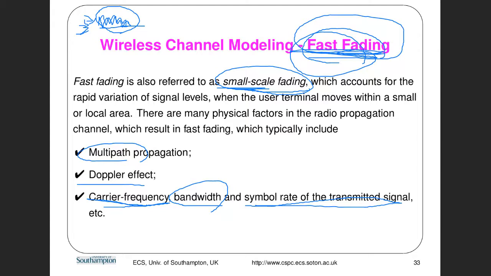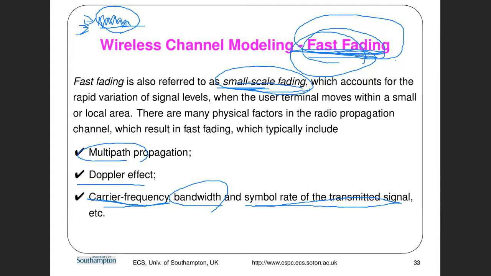Whenever you are not sure about terminology, stick to the terminology used in the slides. For example, small scale fading and fast fading are shown on the same page in this slide, which means they are the same thing. The terminology is interchangeable.